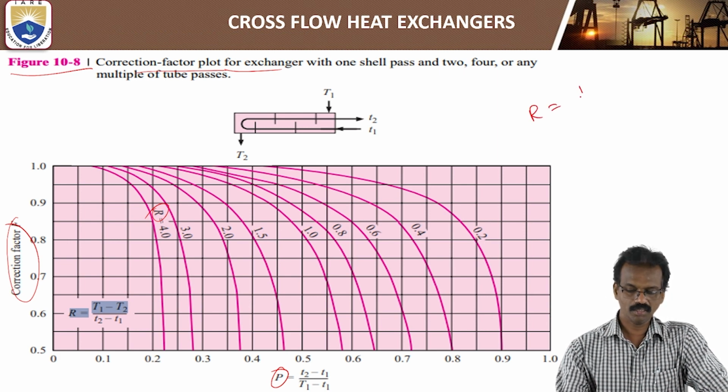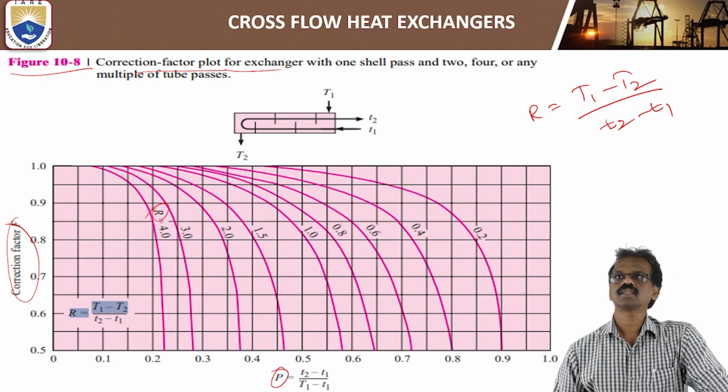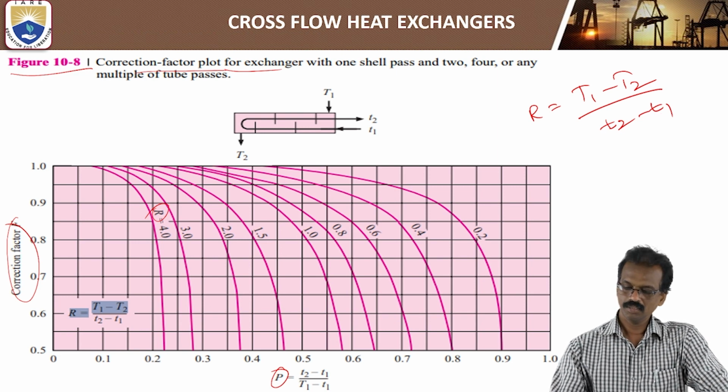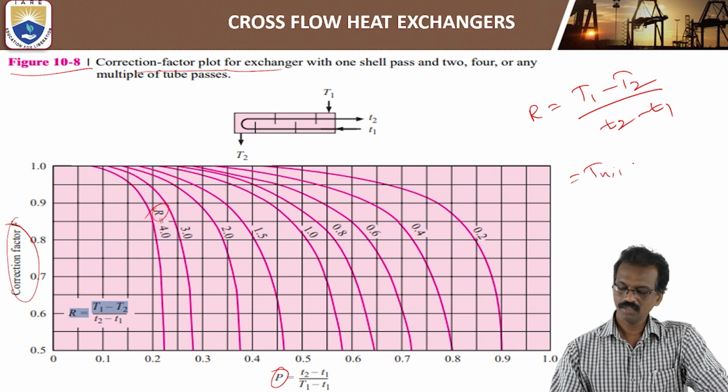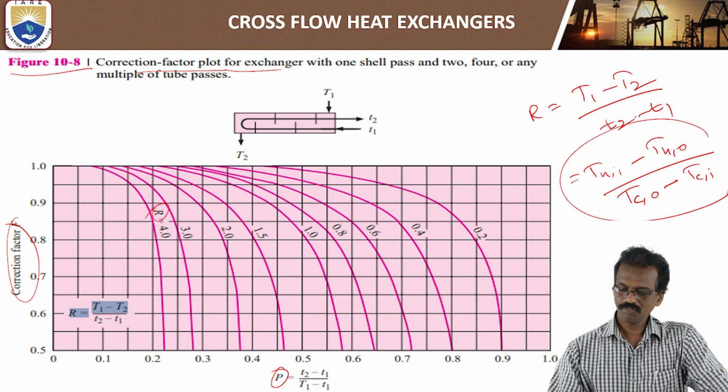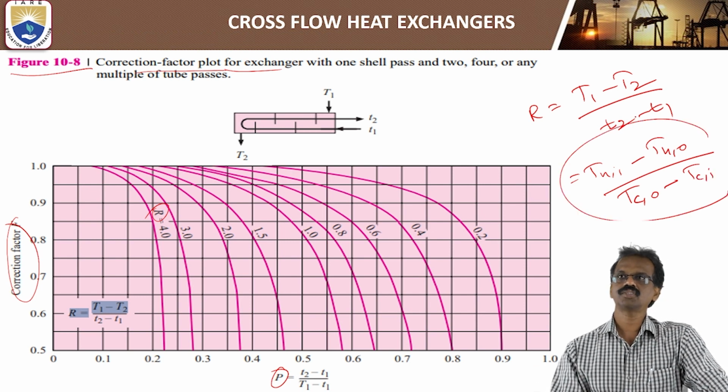R is capital T1 minus capital T2 by small t2 minus small t1. Don't confuse that: capital T represents the hot fluid and small letters represent the cold fluid. It means R is the hot fluid inlet temperature minus hot fluid outlet temperature, by cold fluid outlet temperature minus cold fluid inlet temperature. These are the familiar terms we used in previous classes also.